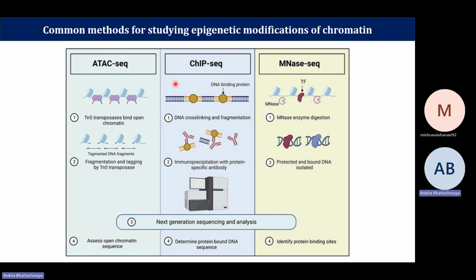Second is your ChIP-seq, which we have discussed extensively. That involves using antibodies against your DNA binding protein, and fragmenting, sonicating any other such unbound region, and then detecting it. Third is your MNase-seq. So MNase digests, and what you get are protected and bound DNA, which can then be isolated, and then protein binding sites can be detected.